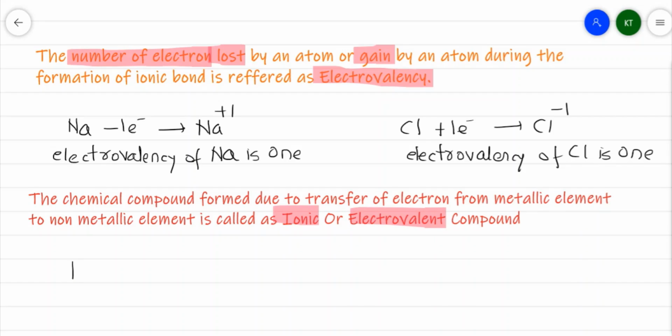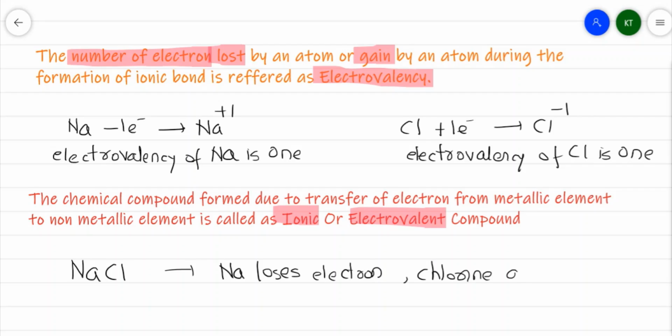Here let me take an example like sodium chloride. In sodium chloride, sodium loses an electron and chlorine gains an electron. So sodium chloride is an ionic compound.